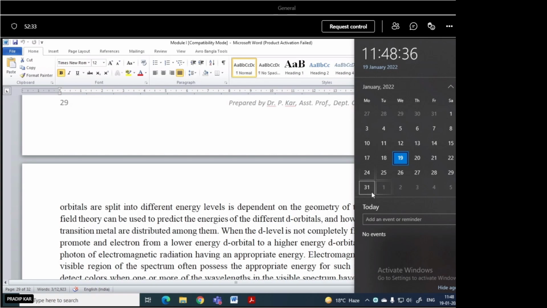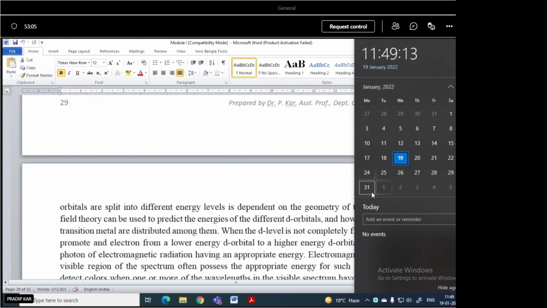It will be multiple choice type, 20 questions. MCQ, 4 options will be given, and you have to choose one. It will be through MS Teams. I will explain everything before the exam. Prepare for 31st January.